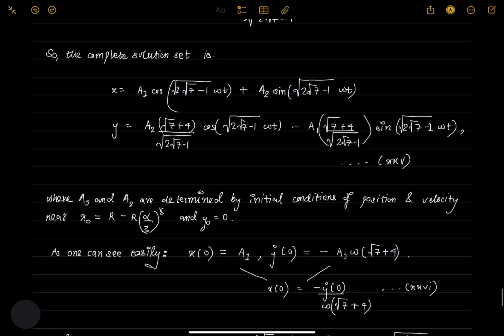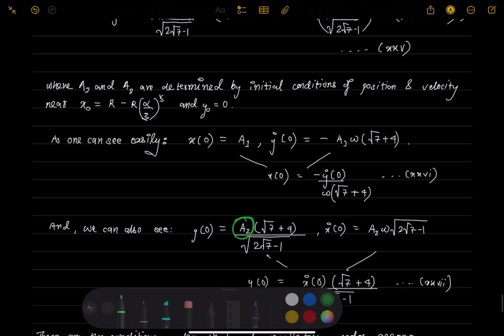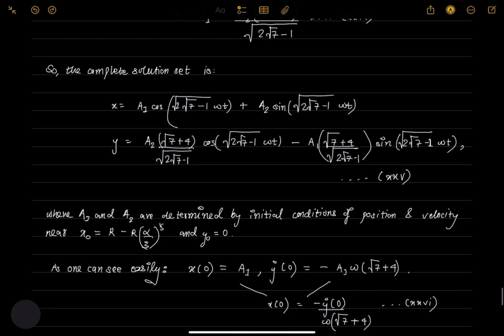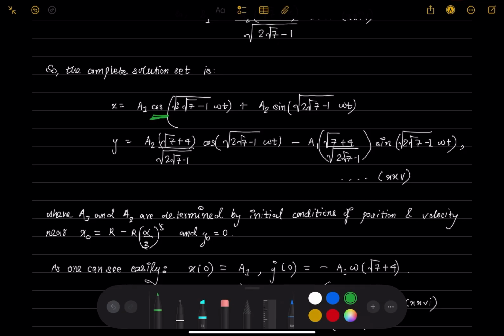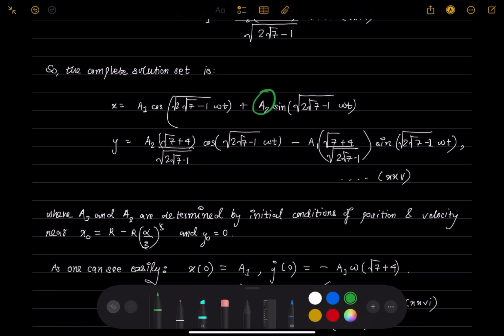So we actually differentiate x this time because we're dealing with A2 this time. And differentiating x, this term becomes a sine that zeroes out when you're evaluating the initial velocity along x. And this term becomes a cosine, and when we're evaluating the initial velocity along x, only the A2 term remains with a certain factor.